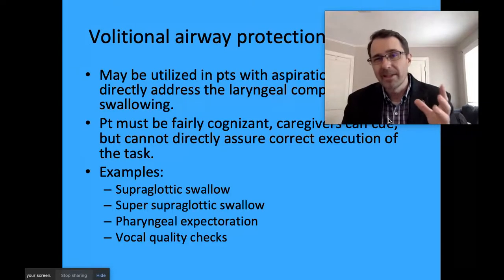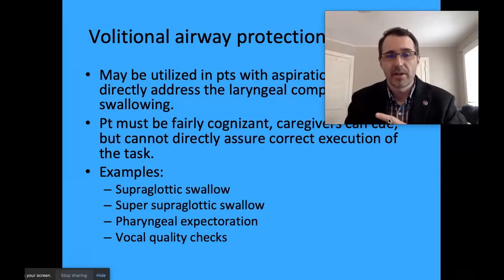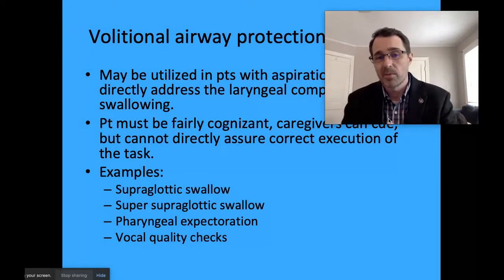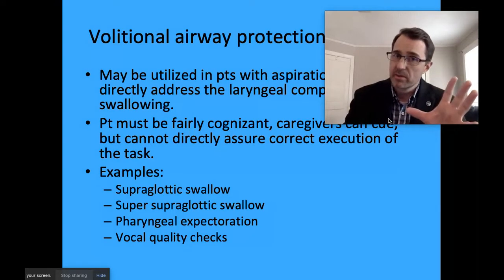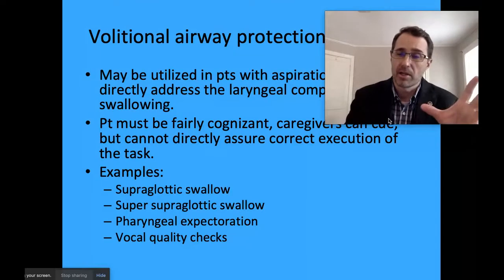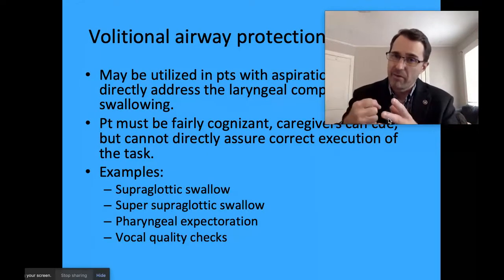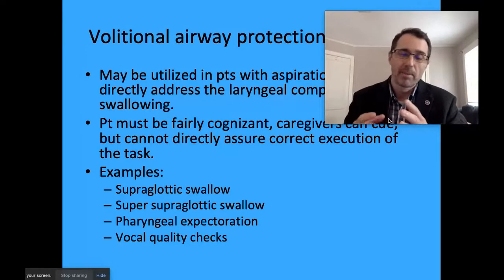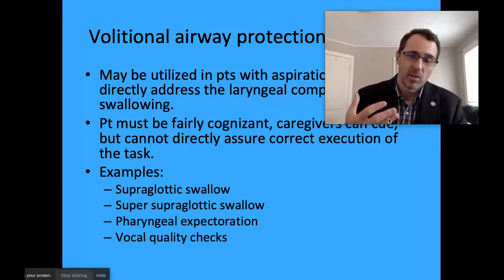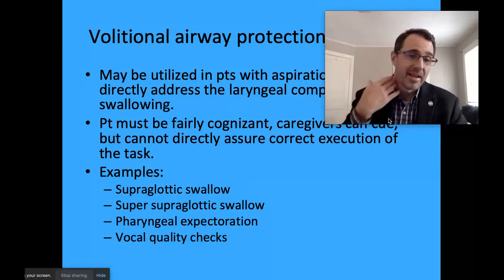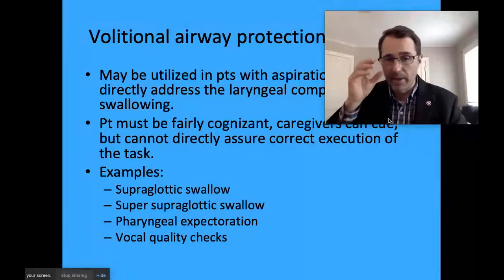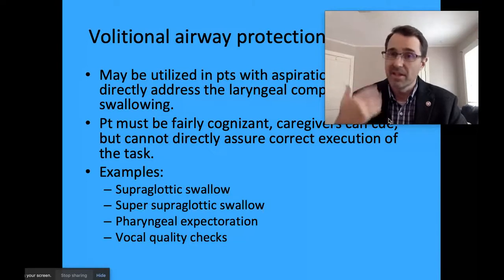And you'll probably need to tack on a second swallow onto that with the supraglottic or the super-supraglottic swallow, which, to remind you, is just the supraglottic swallow paired with an effortful swallow. So probably you're going to have to pair a second swallow with either of these, because if they do expel something out of the top of the airway, then they're going to need to swallow that.